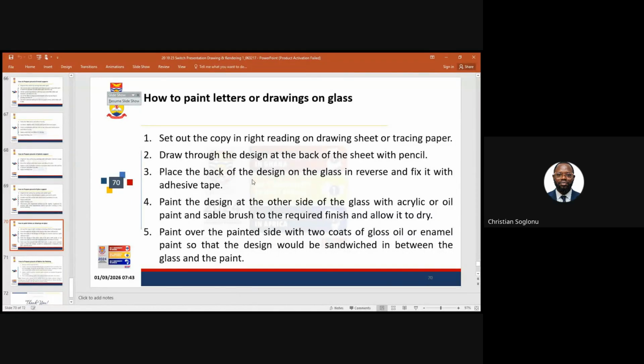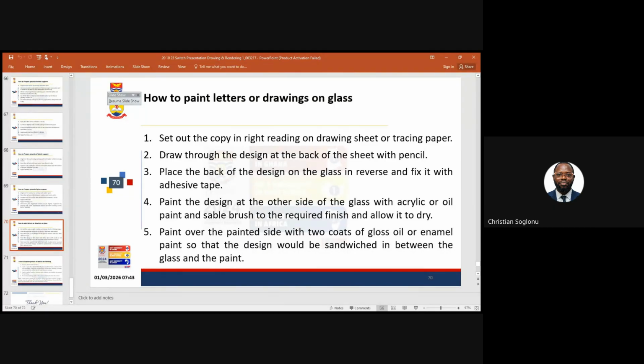So how to paint letters or drawing on a glass? We are saying set out a copy in right reading and draw the drawing sheets on a tracing paper.